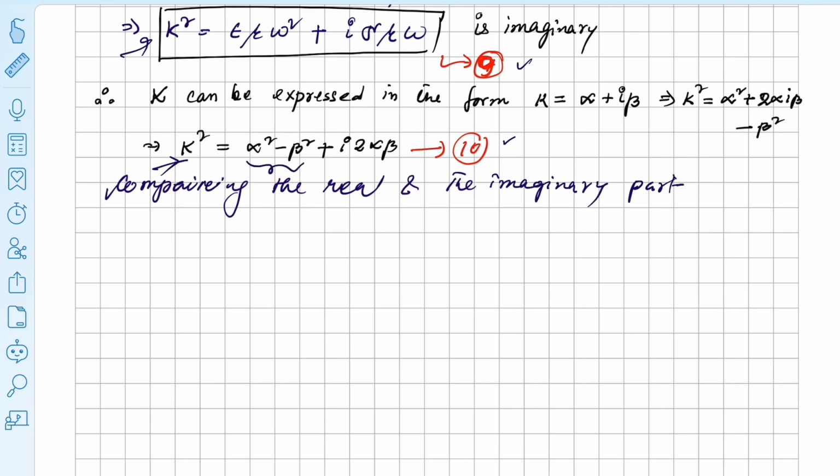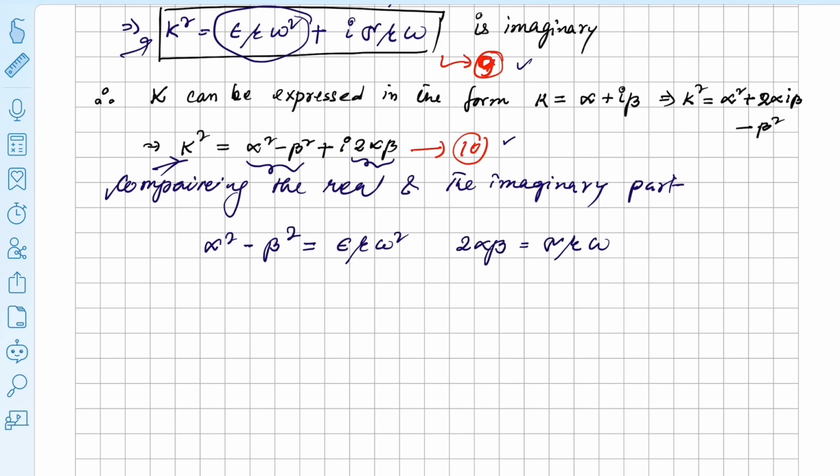So this part is the real part. Here the real part is this one, right? So alpha square minus beta square is going to be equal to epsilon mu omega square, and the imaginary part is this: 2 alpha beta is going to be equal to sigma mu omega. That's what we have got, right? So hope you have understood this.